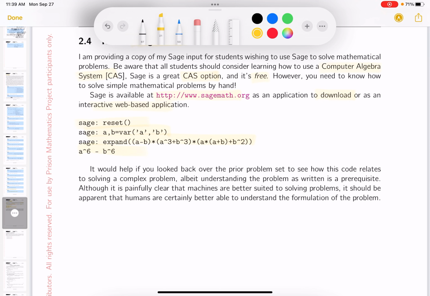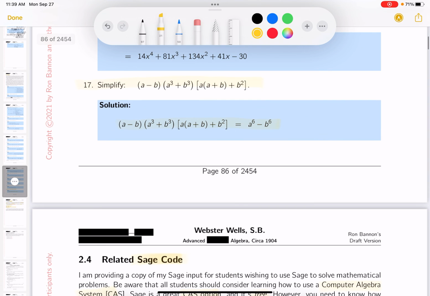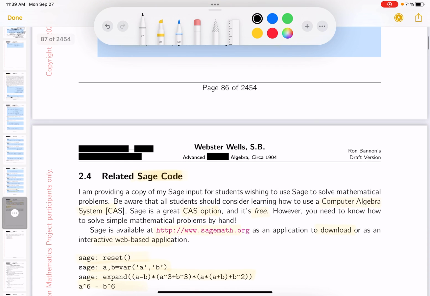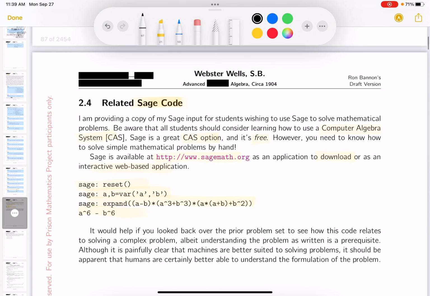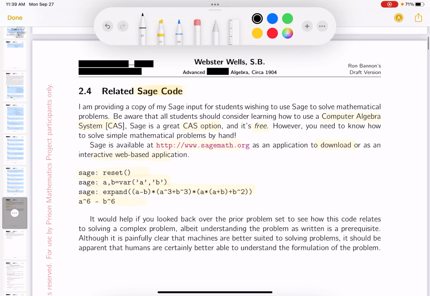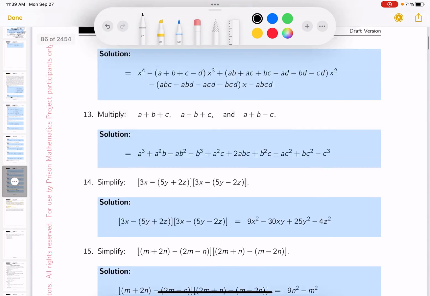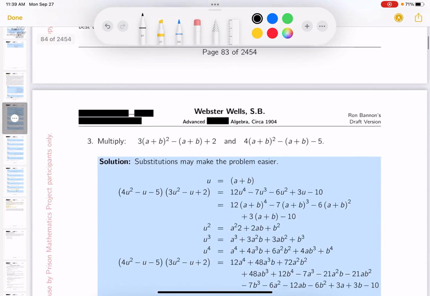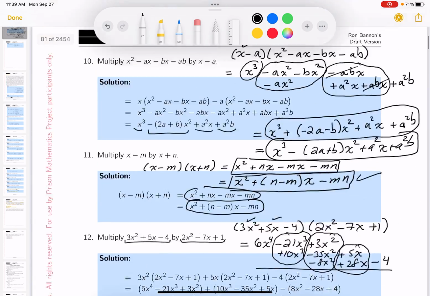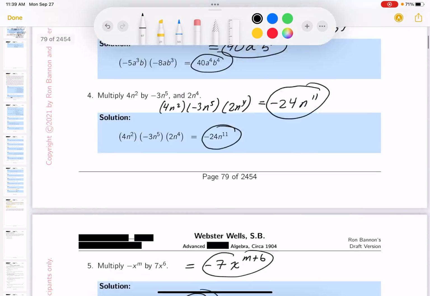And yes, the programmers that program Sage would certainly know how to do this by hand. They'd have to be able to program that. So don't think this stuff is just some kind of magic. They had to know how to do that to perform those operations. I'm hoping you're ready to work on this, and maybe read over this section, maybe read over the examples again, and get through it.